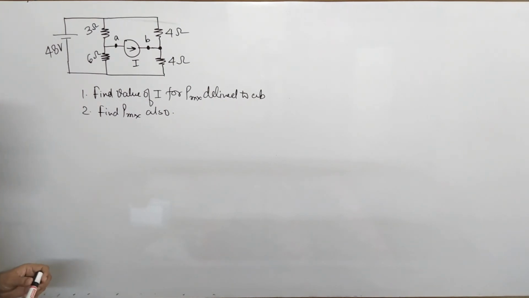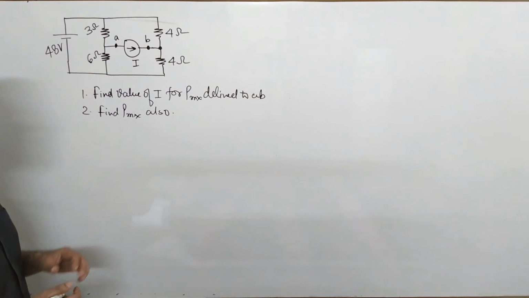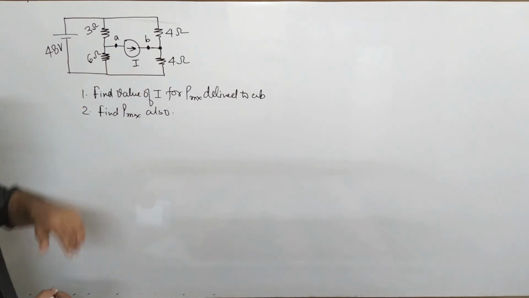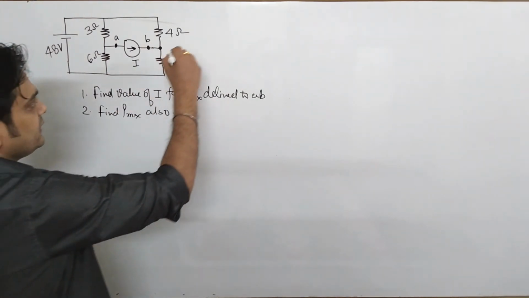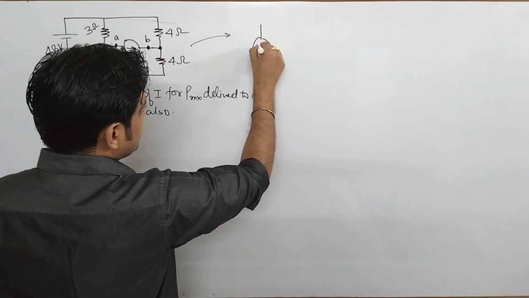For finding out maximum power, please keep in mind you have to find RTH, as we know. But this question is a little bit different in the sense that if I draw its equivalent, this is its equivalent.